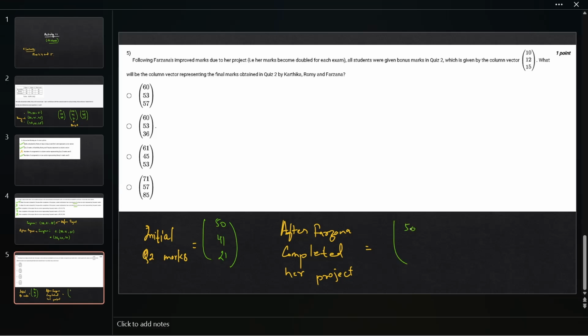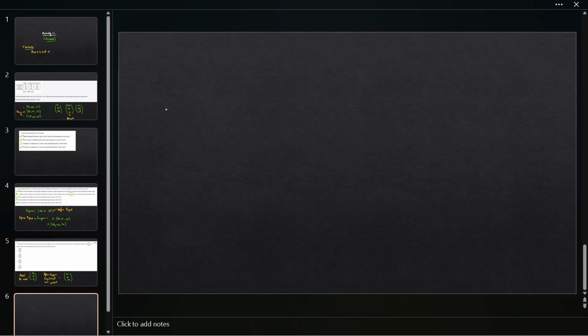So 50 and 41 are going to remain the same, whereas we'll double 21, so it would become 42. Now, it is given to us in the question that every individual got bonus marks in quiz 2. So we'd be adding this column vector to our column vector, which is 50, 41, 42. So this is going to be the vector addition.